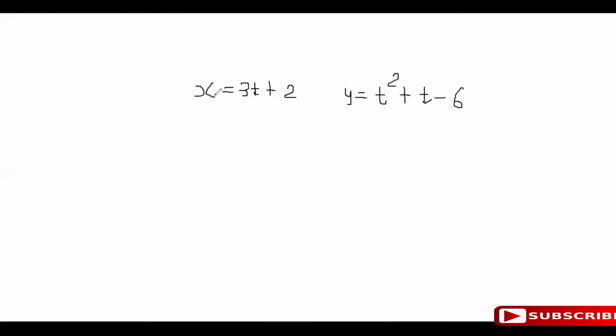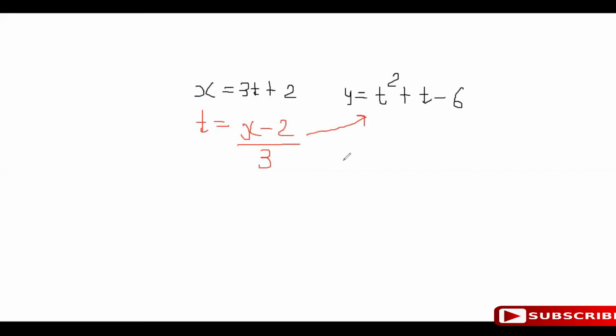So from this one right here, we're going to make t the subject. We'll bring over the 2 and we'll get t equals x minus 2 over 3. That's what t is equal to from this equation. We can then substitute t into this equation.